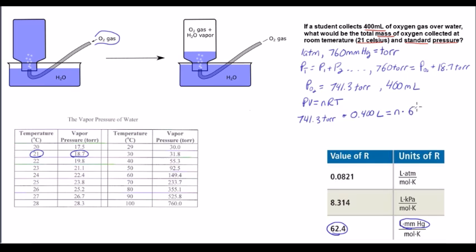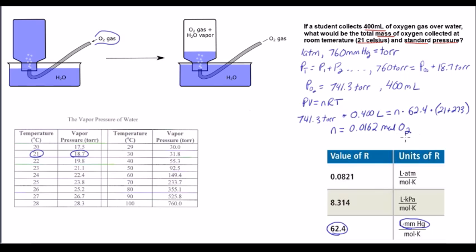So times 62.4 times temperature. Remember, you can't use Celsius, you have to convert to Kelvin. So it would be 21 plus 273. Okay, so now we can just plug that into our calculator, and we're going to get the number of moles equals 0.0162 moles of oxygen gas.